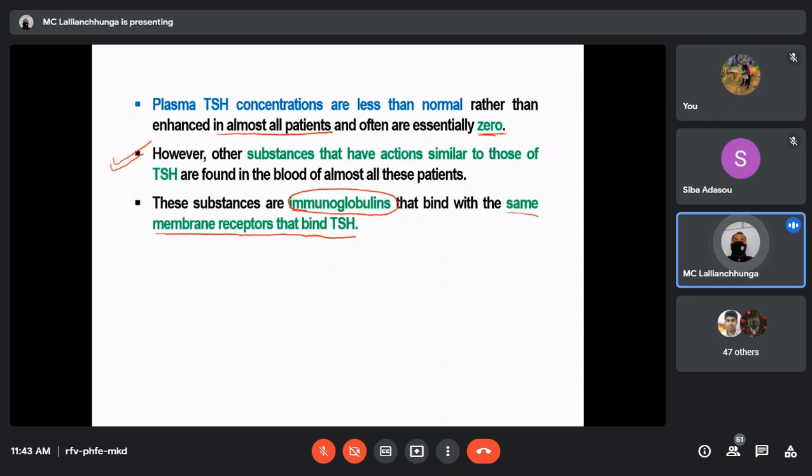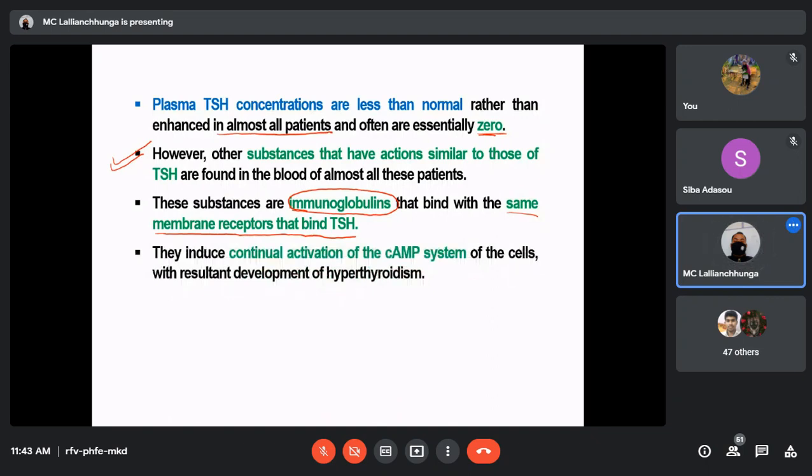In the previous slide, we talked about how TSH binds to its receptor and activates the cyclic AMP system we have discussed. In hyperthyroidism, which is a pathological condition, instead of TSH, immunoglobulins are activated, which can bind to the same receptor, that means TSH receptors.